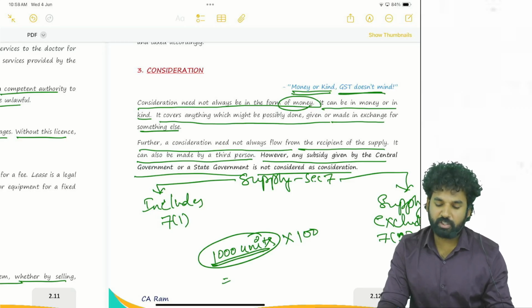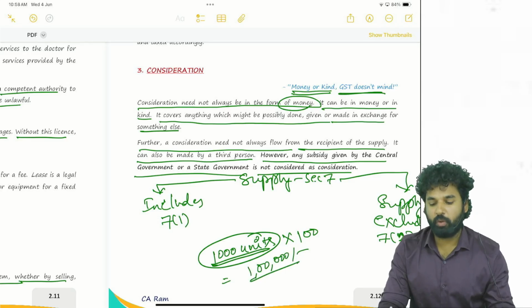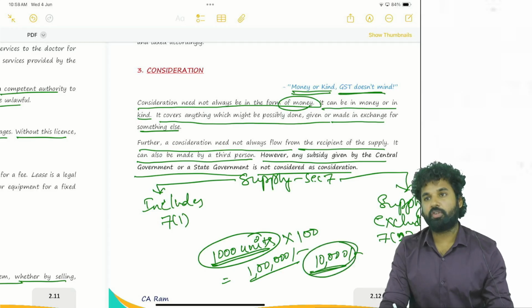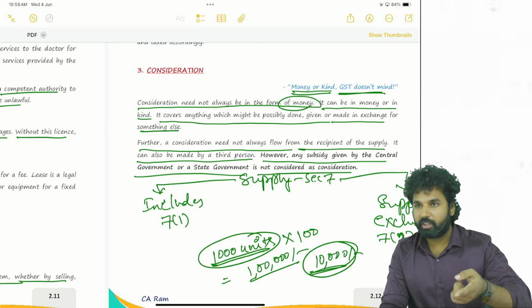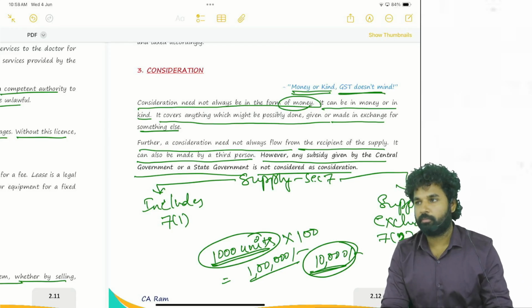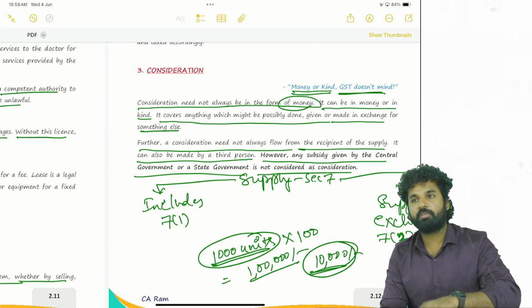So what is the consideration here? 1 lakh rupees. You have taken 10,000 rupees as advance. That means it is made or agreed to be made. It is not made, it is agreed to be made for consideration. So this also comes under supply.